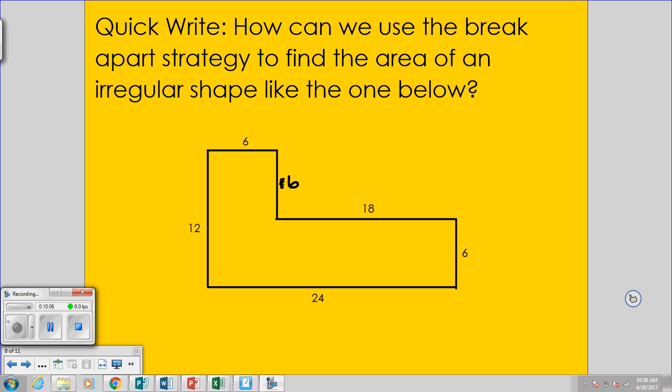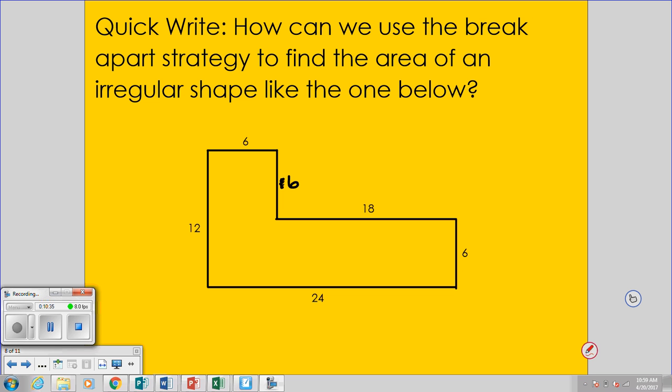We have to make a picture and define the area by breaking apart the shape into two rectangles. Does anybody here know a quick, easy peasy way to just solve an area of an L shape? You have an equation that you can solve an L shape? No, we don't have an equation for an L shape, but we can break it up into two rectangles, because everyone here knows how to solve the area of a rectangle, right?